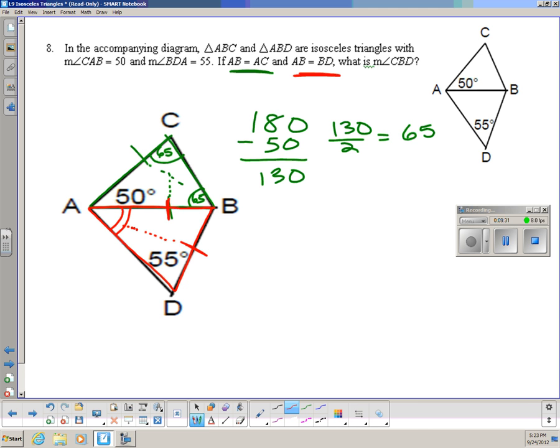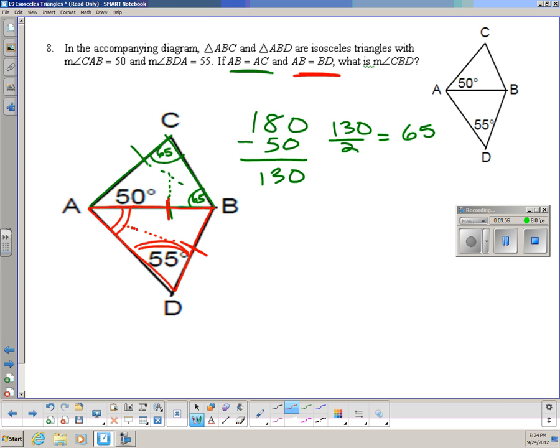Now what might be different here is I'm swooshing them off with two swooshes because I'm not at all convinced that those angles are going to be equal to the ones with one swoosh. In fact, angle D here is 55. That does not agree with angle C or angle CBA. So two swooshes are appropriate, even though they're across from sides that were equal to the ones in the green triangle.